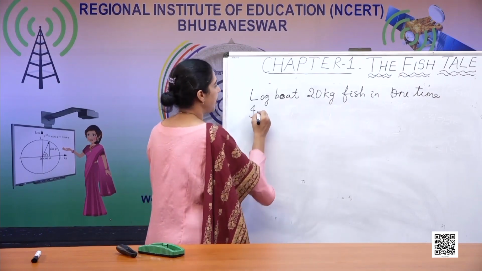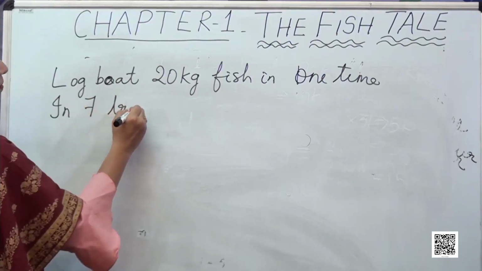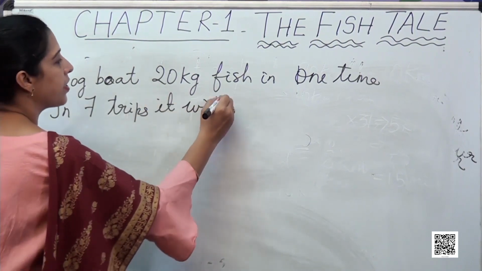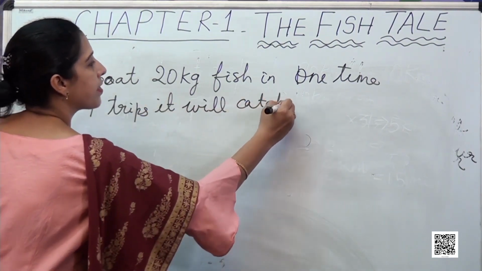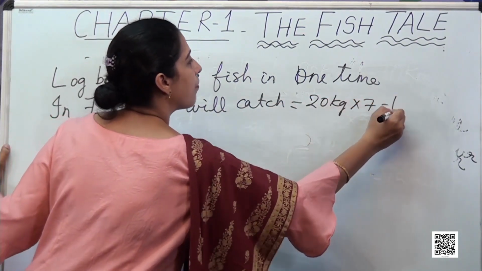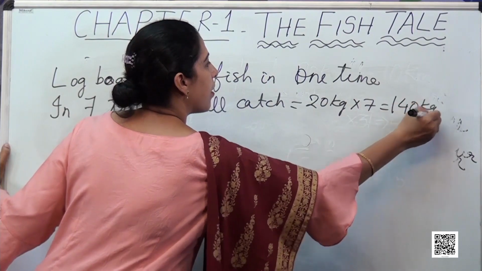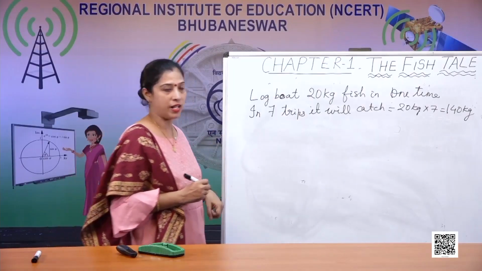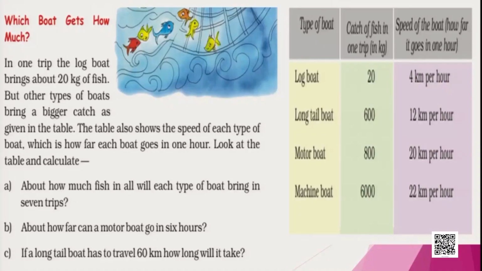So in 7 trips, it will catch 20 kg into 7 is equals to 140 kg. Similarly, the long tail boat can catch 600 kg at one point of time.